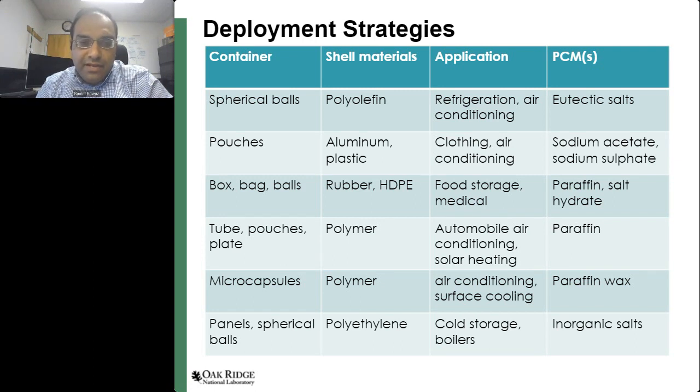Microencapsulation has been deployed, and again, in some cases, we can deploy them as panels or spherical shells. Each type of material, when we look at the specific application where they have been considered, can vary all the way from very low temperature refrigeration applications to air conditioning, and some of them have been considered for water heating applications as well.